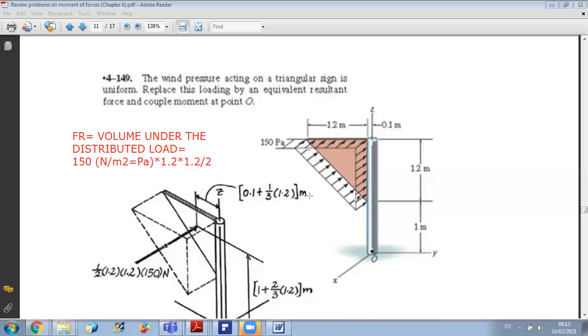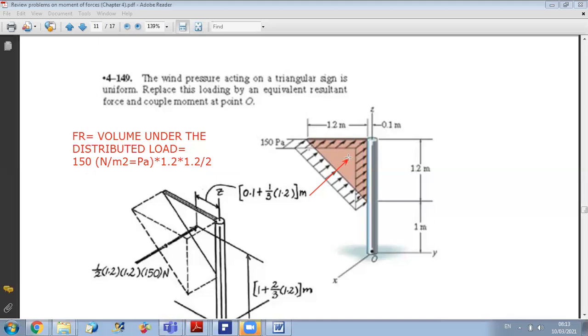Now, second step, what is the point of application of the resultant force? Here it's similar to the analysis in 2D. In 2D, you should have the force passing by the centroid of the area. In 3D, you should have the force passing by the centroid of the volume. So if the force is passing by the centroid of the volume, it should pass by the centroid of the base.